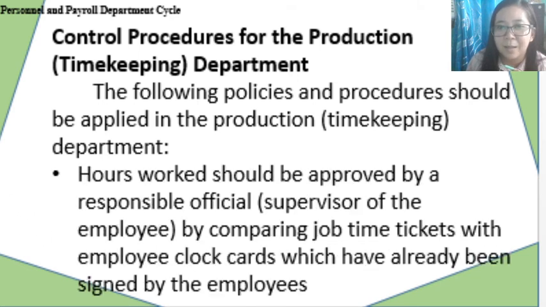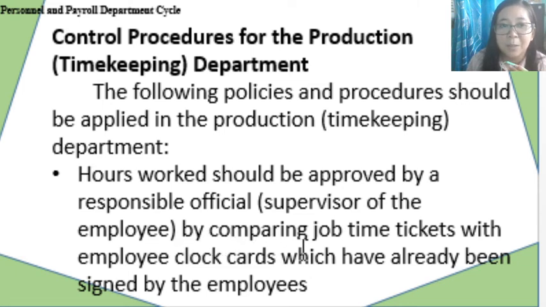Okay, and lastly, the hours worked should be approved by the responsible official. Normally, this is the responsibility of the supervisor of the employee. So he should sign the DTR, which means that whatever in time that is indicated in that document is true, valid, or correct.